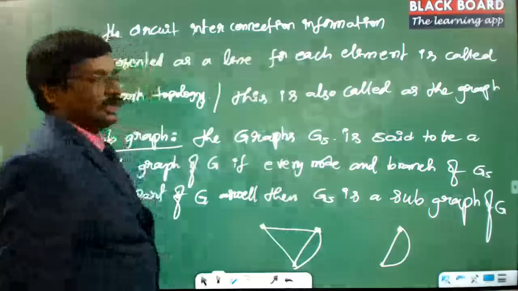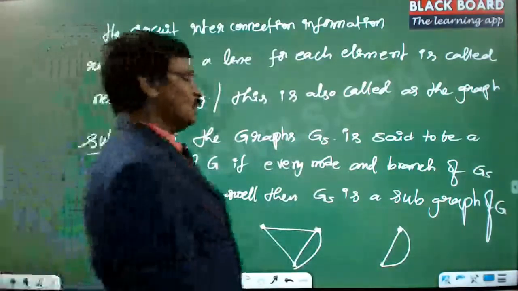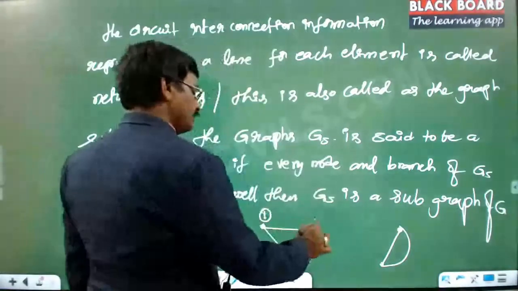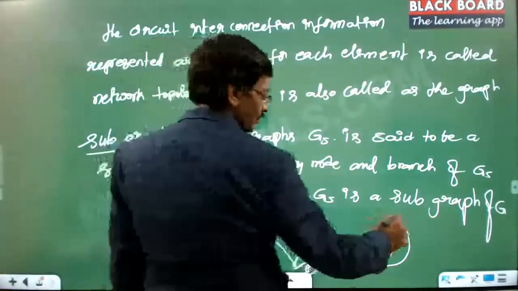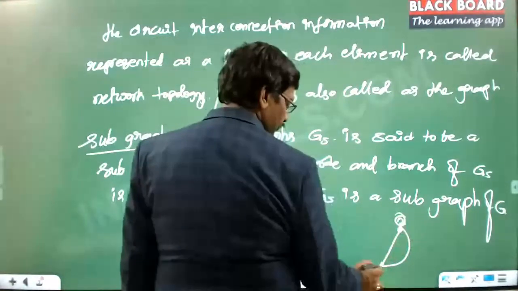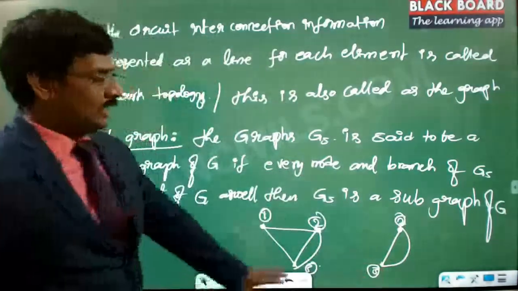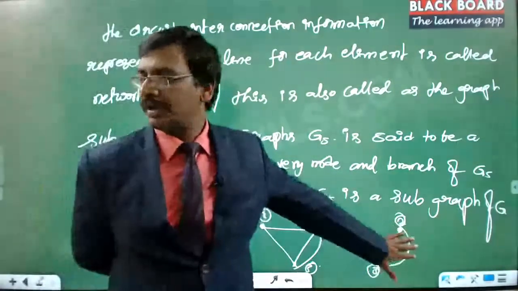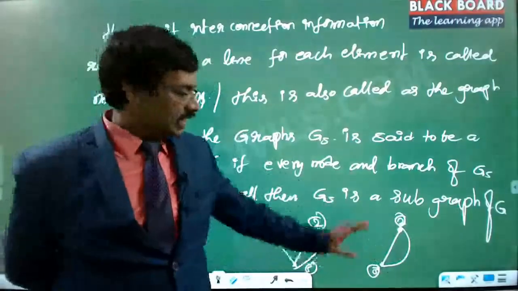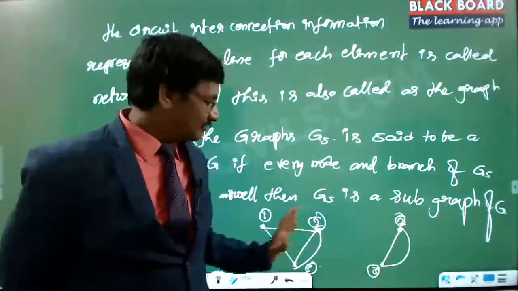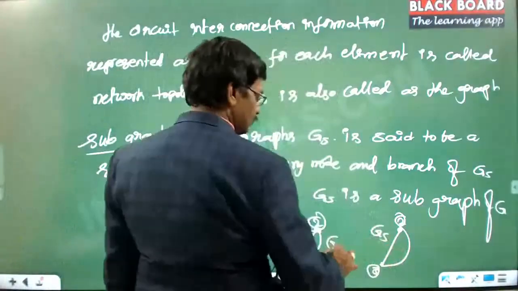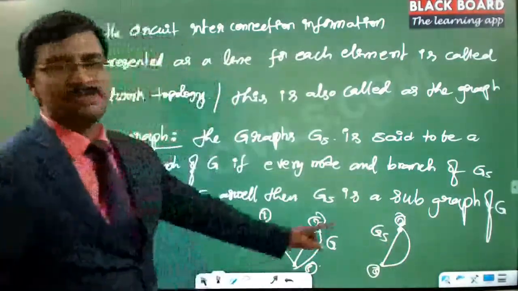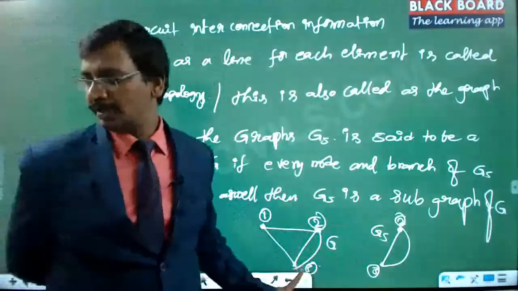Here this is node 1, node 2, node 3, and this is node 2 and node 3. Every branch and every node of this graph is part of the main graph. So this is called GS, the subgraph, and this is G, the main graph.